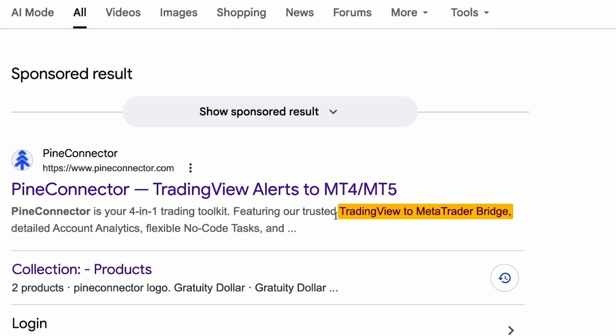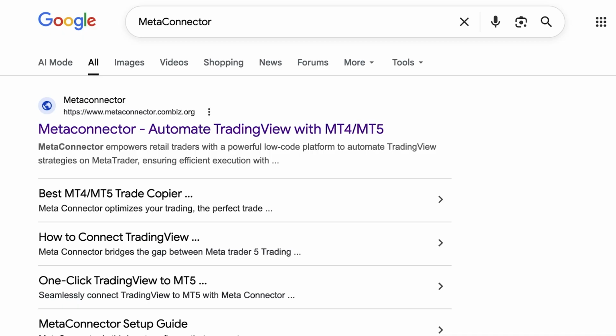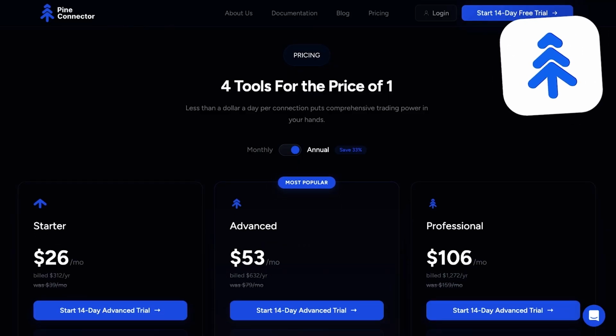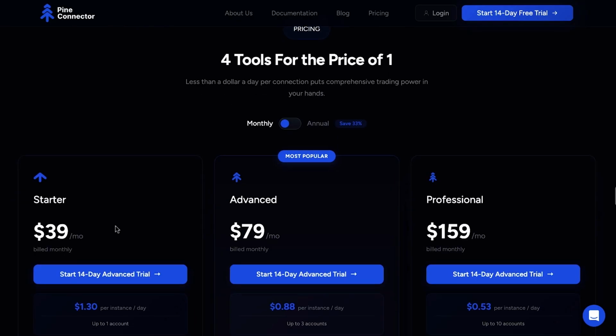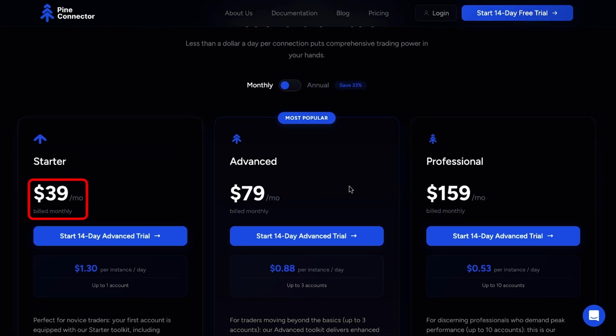However, for most people, especially for beginners, there are a couple of challenges when it comes to this software. Let's take, for example, the pricing of Pine Connector. If we look at the monthly pricing, the cheapest one is $39 a month, professional version $159 a month.